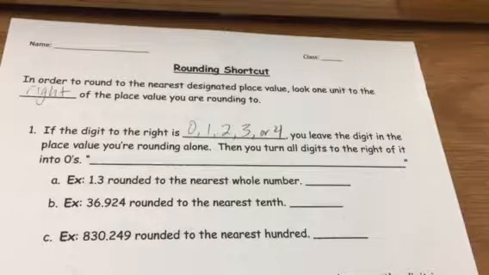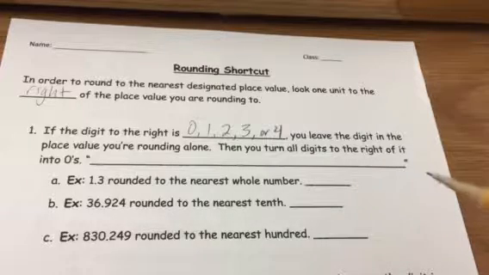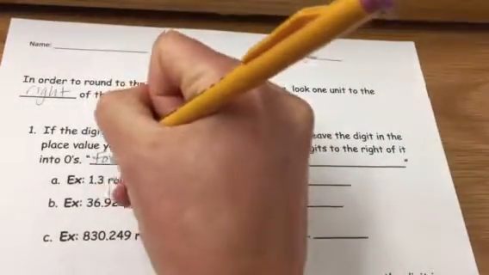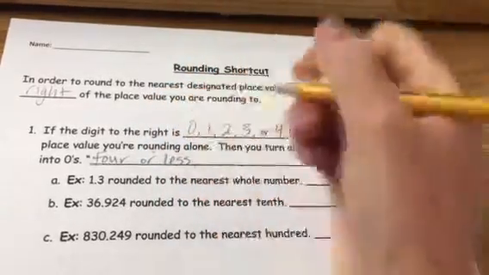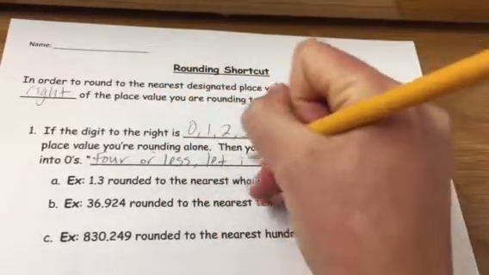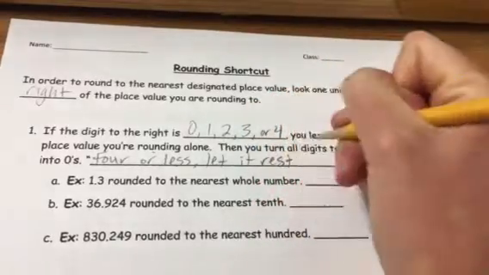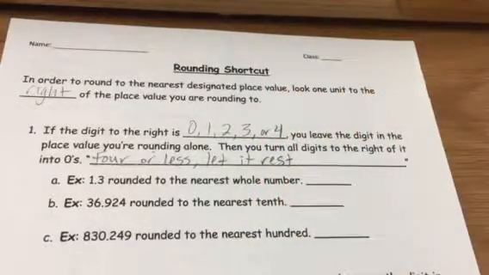There's a little shortcut saying, this is not my claim to fame, I didn't create this myself. However, I've heard this saying before, 4 or less, let it rest, which means you're just going to leave it alone.